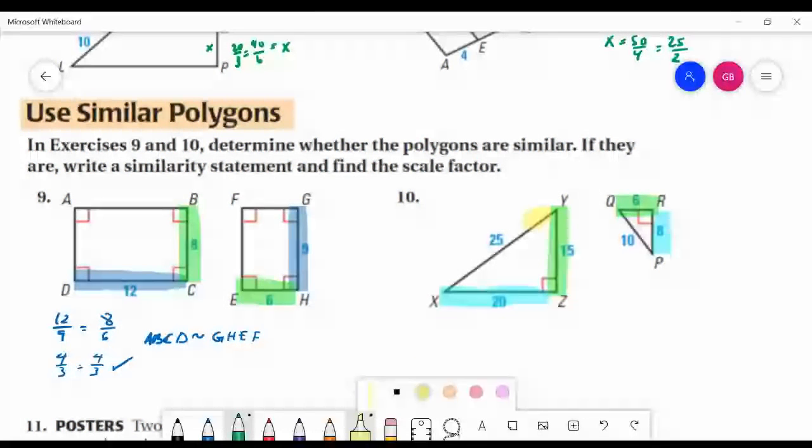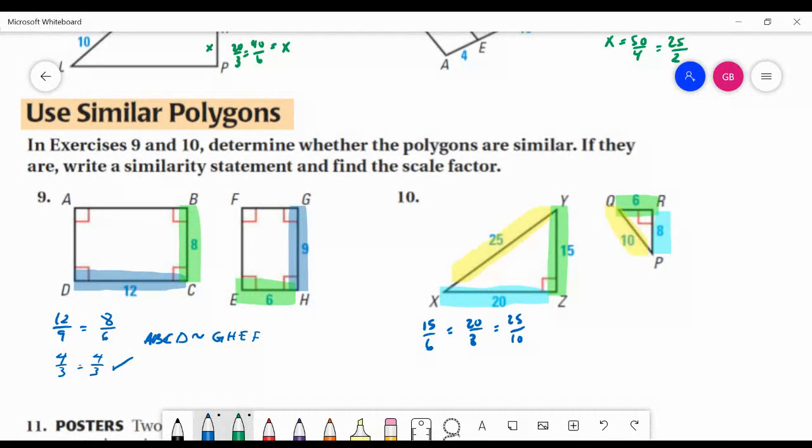And then the longest side will be the 25 with the 10. So let's see if the proportions are indeed the same. So is 15 over 6 equal to 20 over 8? And is that equal to 25 over 10?